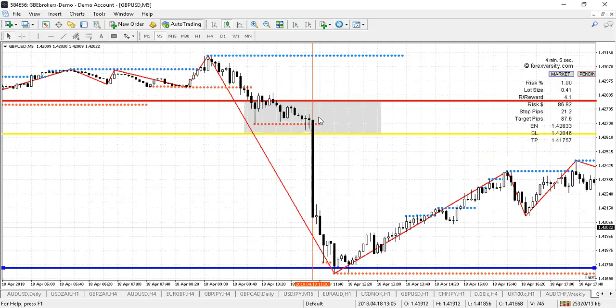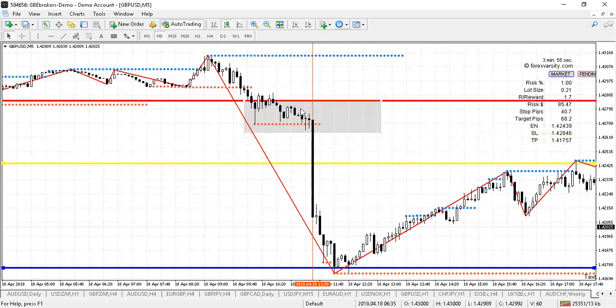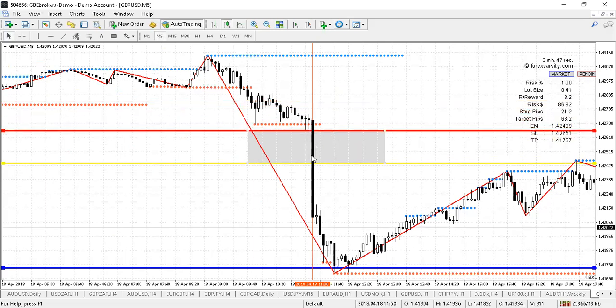So for example, what would happen on this occasion if I had a trailing stop, if you see this rectangle here, as the price moves down, say for example the price moves down like that, and then as it moves down, the stop loss follows it.